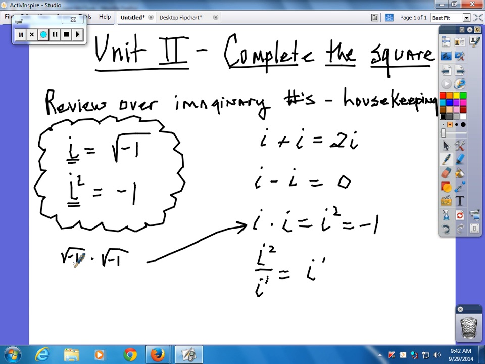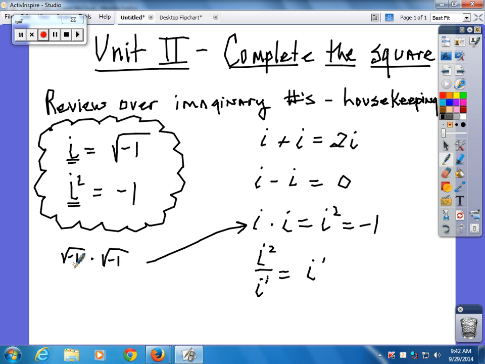So that's the only reason we use i, is to tell the reader that we're dealing with the square root of -1. Now, another reason we use it is to also say we have no x-intercepts. And if you have an i in your answer, that means you don't have x-intercepts. It's as simple as that.